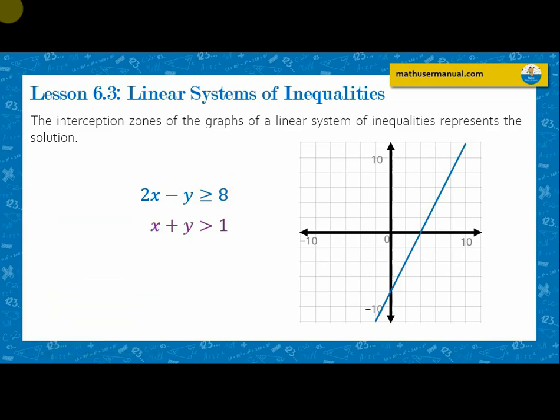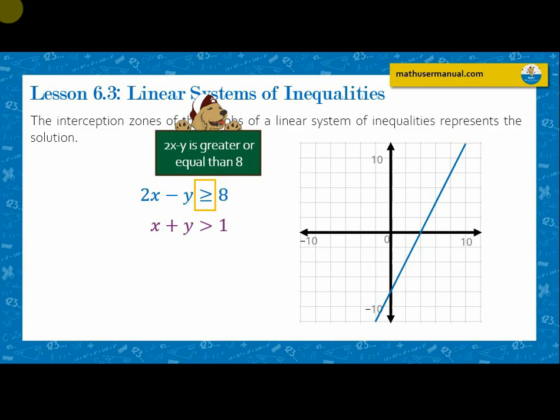But this line just represents the equation. This is the graph of an equation, and we do not have an equation. We have an inequality that says that 2x minus y is greater than or equal to 8. So how do we represent an inequality in a graph?